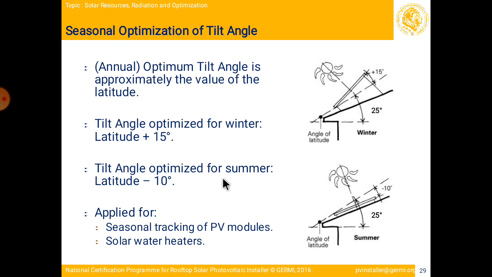And for the summer, it is the latitude minus 10 degrees. So we have to make this modification for a better output of the solar PV module, which is applied for seasonal tracking of the PV module, or a solar water heater. Yes, we can do this optimization for the maximum efficiency of the solar PV system.